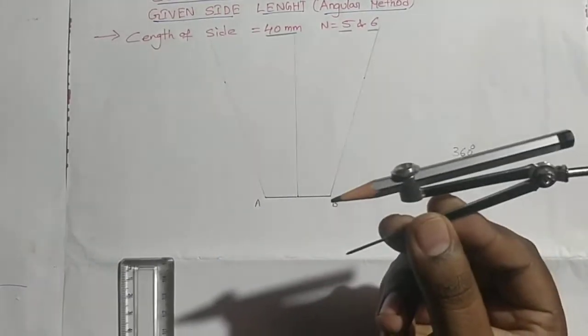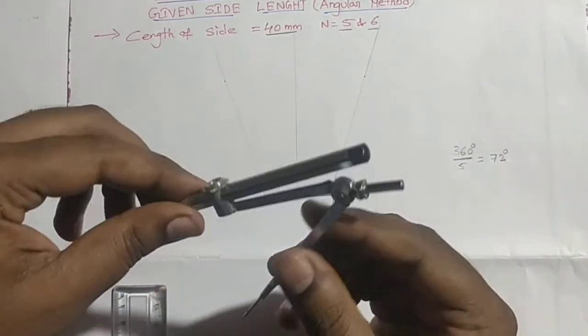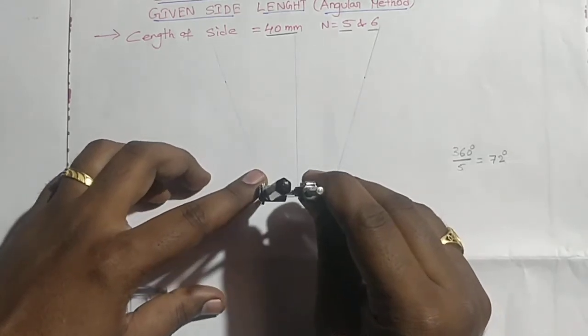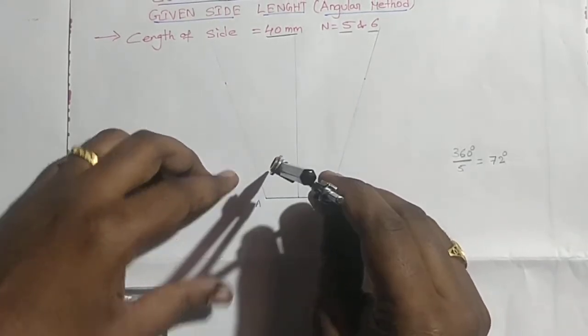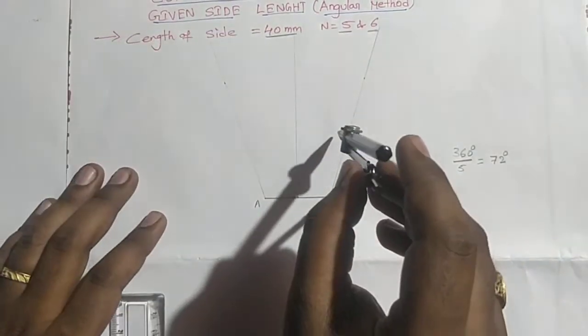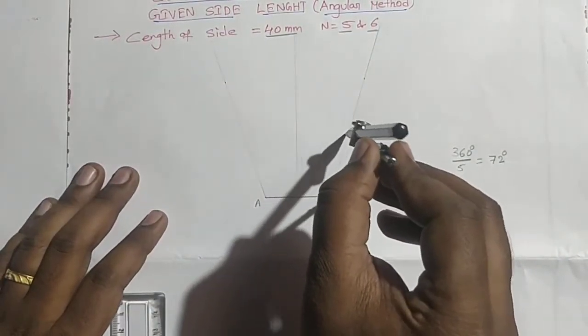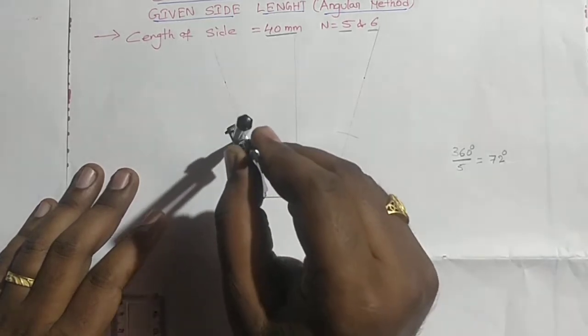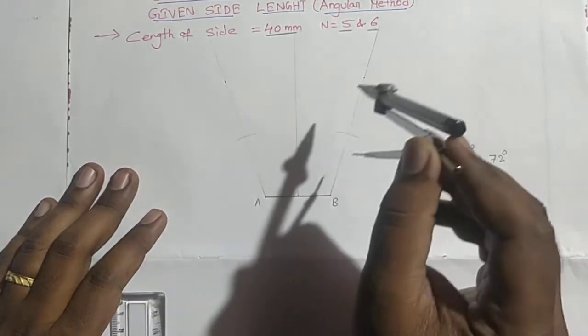Next, by using a compass, take the length of AB as radius, with B as center, and cut this radial line at one point. With the same radius, A as center, cut this radial line.